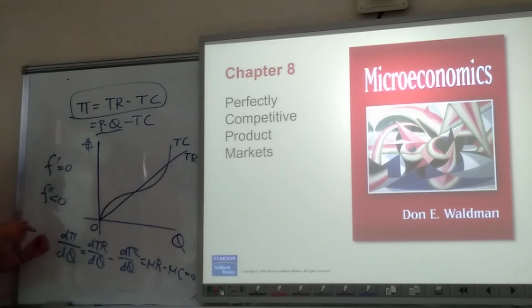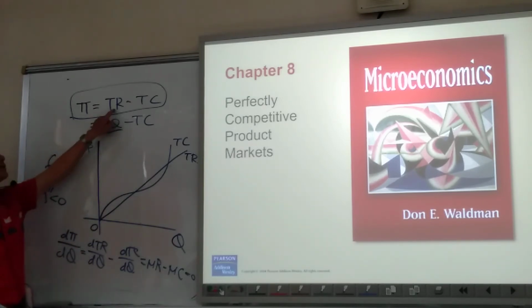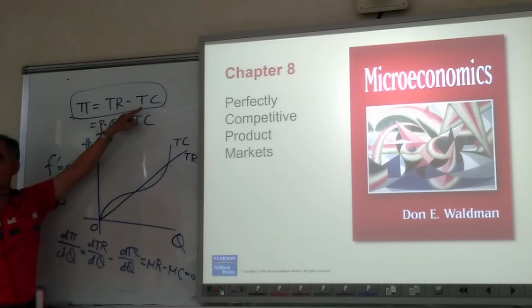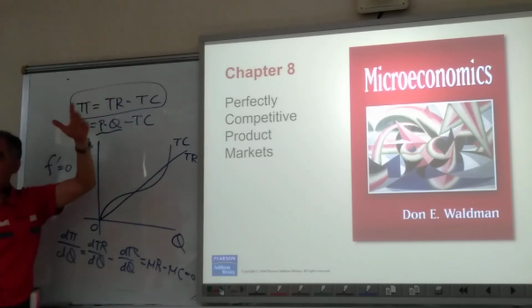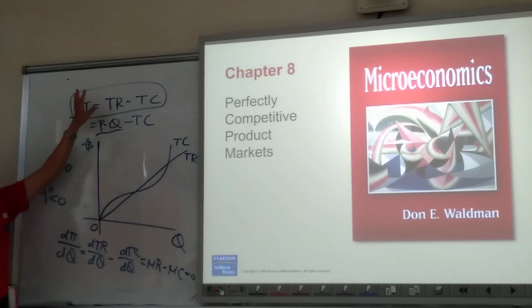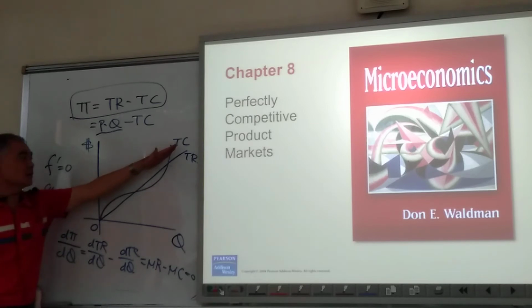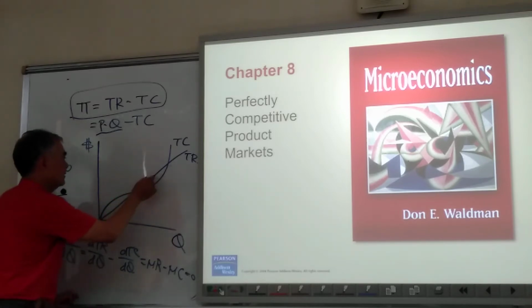If you want to look at the slope, the easiest thing, if you want to maximize profit, you look for the highest distance between the two. When this one minus this one is the highest, that's where you get the maximum profit. So here and here, where you get the highest difference, it is here, and so you have a tangent.